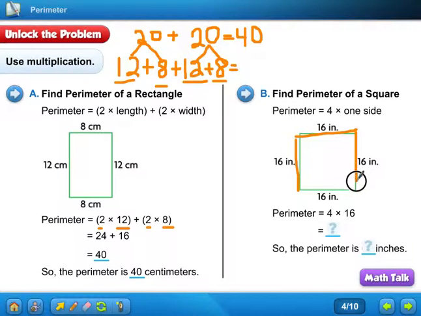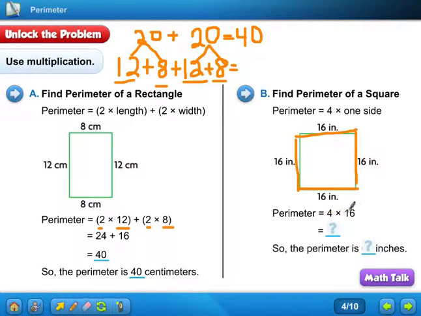And they're all the same length. So here you had these two that were the same and these two the same. This time every one is the same. So you're going to do 4 because you have 4 sides that are 16 inches.